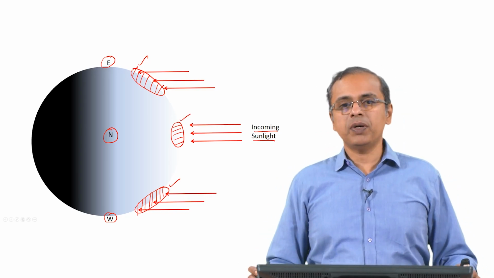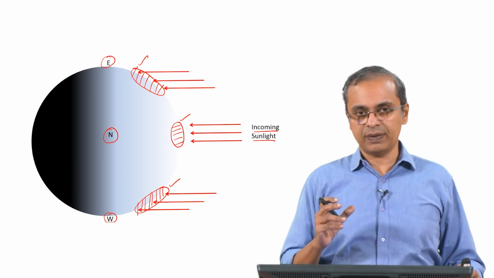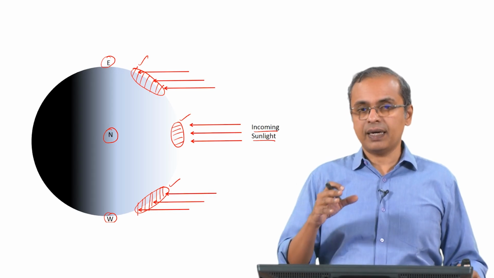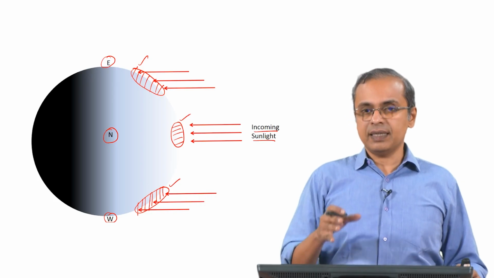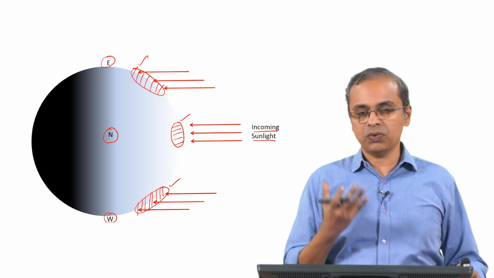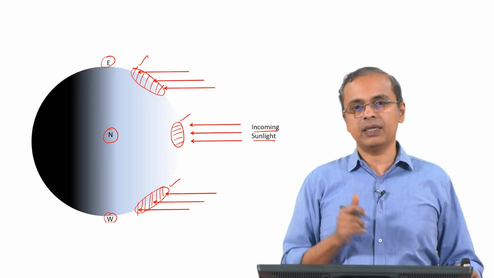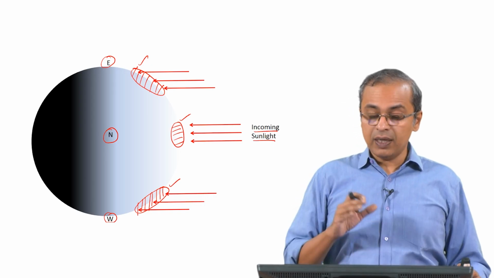So the same amount of energy is getting distributed over a smaller area during the middle of the day than it is during the morning or the evening. And that is basically intensity. So the power per unit area is higher during the middle of the day, and it is a lot less during the morning and during the evening.